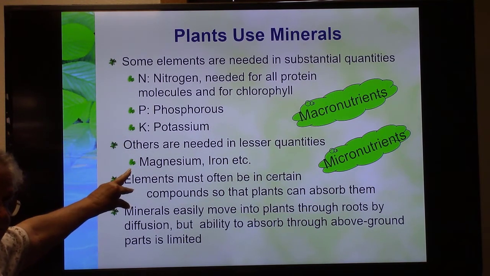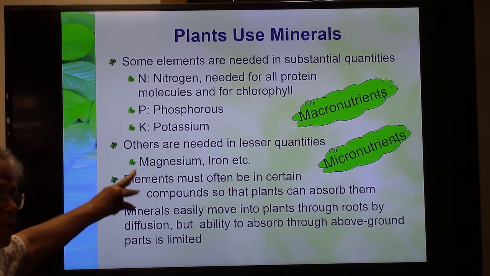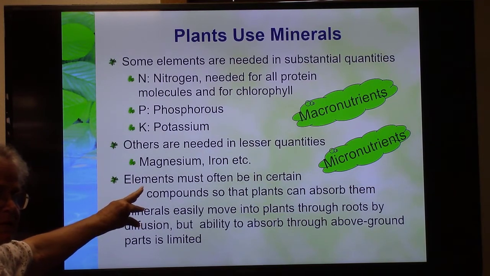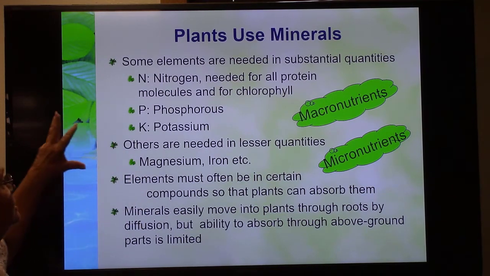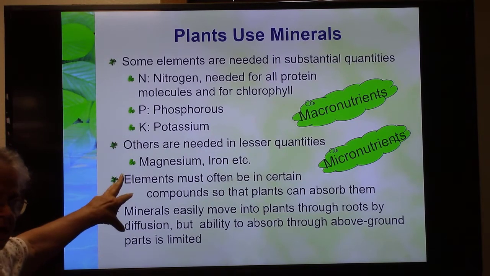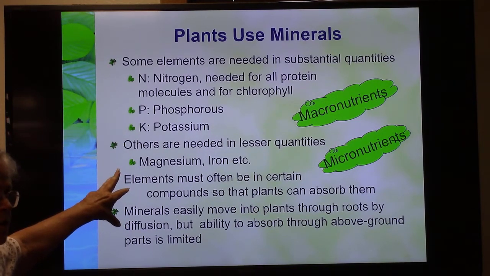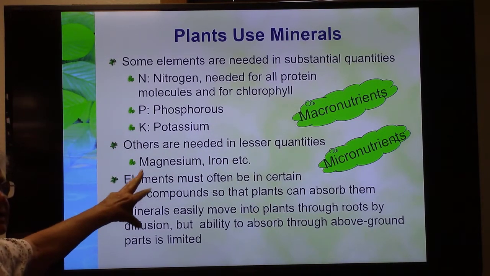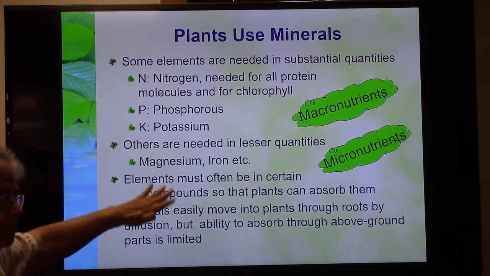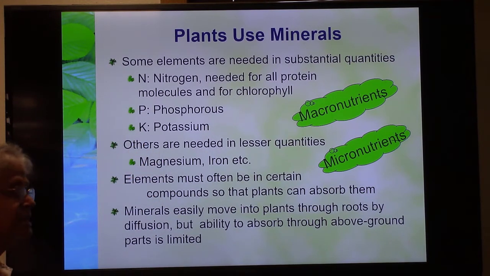The roots. No other body part of a plant is designed to absorb stuff. Leaves are not designed to absorb minerals. Their ability to do it is very limited. So, in most cases, where's the best place to put fertilizer?